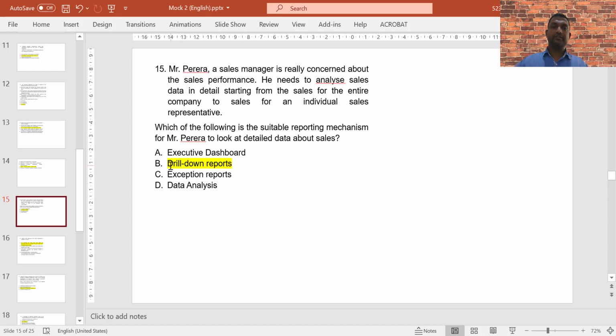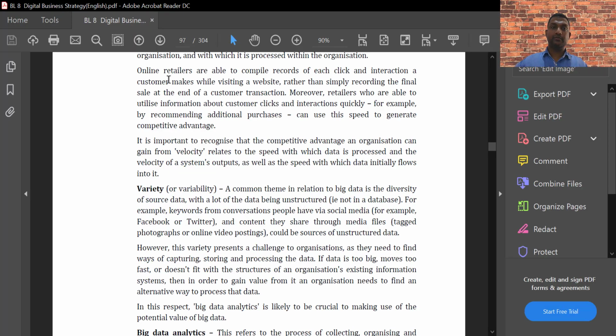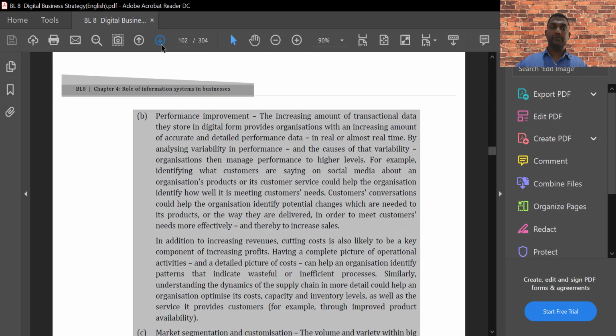Then you can relate this to a drill down aspect where we can drill down into the smallest bit of data which is creating the final outcome. There are other options also given: executive dashboard, exemption reports, data analysis. So let's look at how this is explained in your study guide.